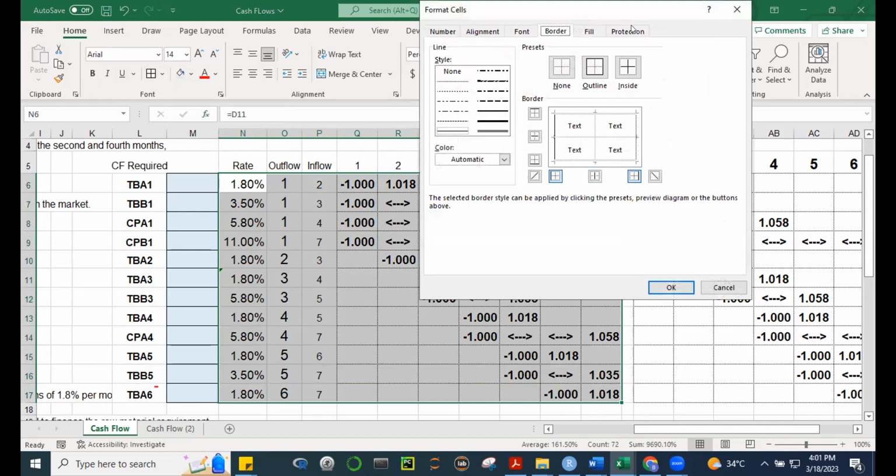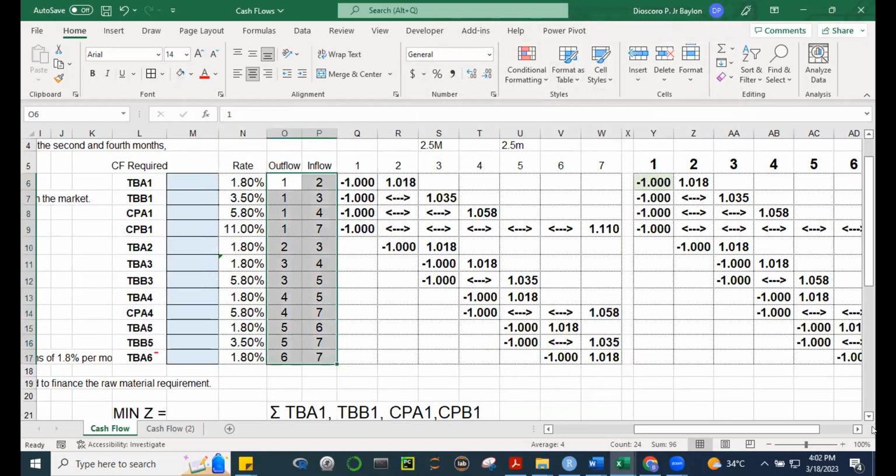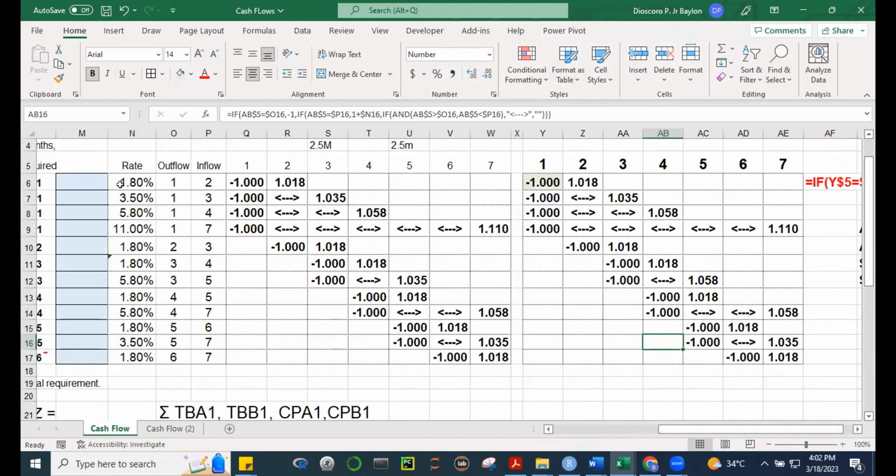Let me fix the borders so that it looks better. Anyway, you can do the formatting yourselves. So we have the decision variables here.